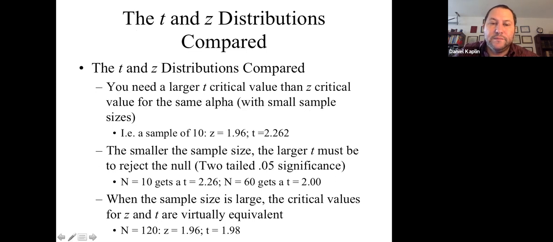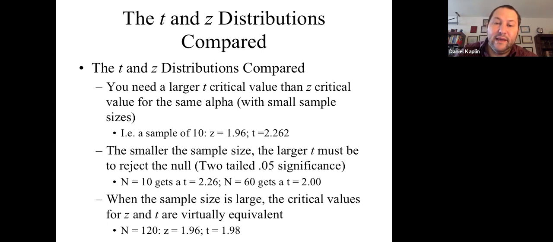All right, so just to give you a comparison, if you were to compare a T distribution relative to a Z distribution, you generally would need a larger critical value for T relative to Z, right? So if you had a sample of 10, for a Z score, the critical value would be 1.96, whereas a T score would be 2.26.